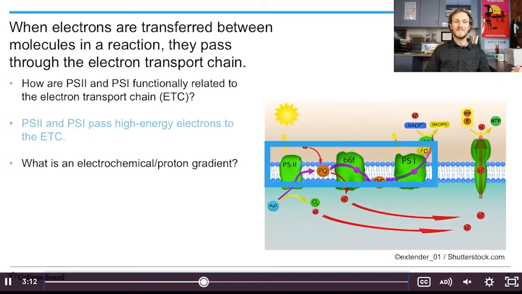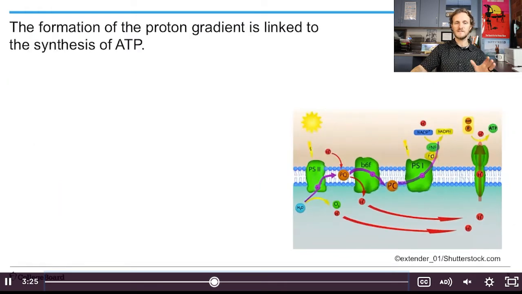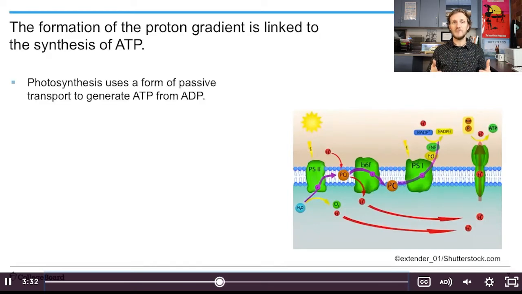I also talked about an electrochemical proton gradient. Essentially, it's a difference in concentration of protons on either side of the membrane. So we want a high concentration inside, low concentration outside. I'll tell you why. This proton gradient is linked to the synthesis of ATP.